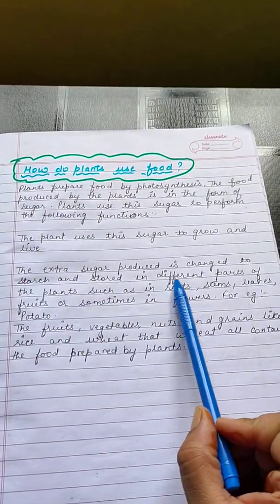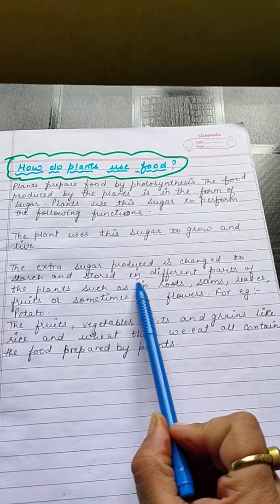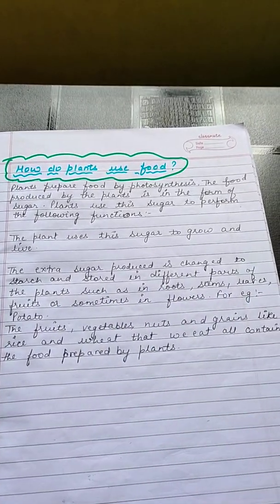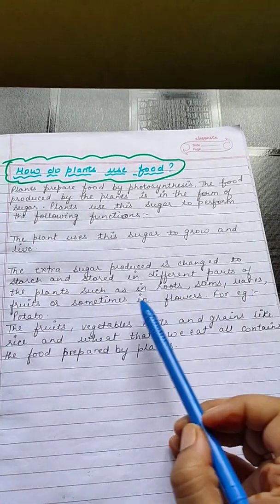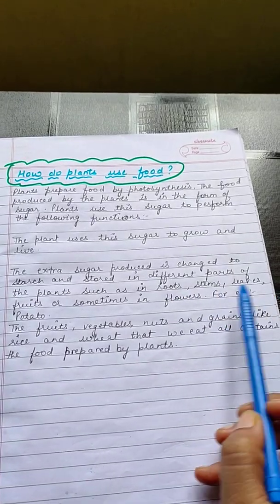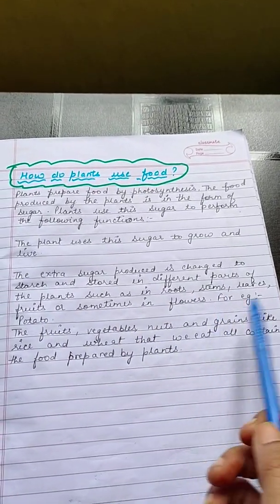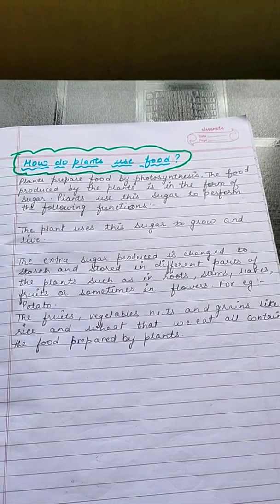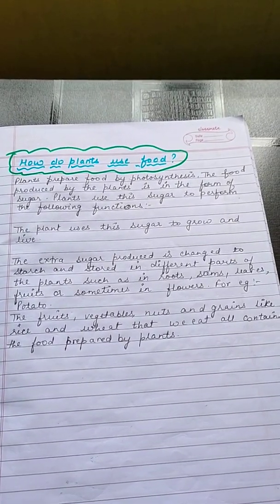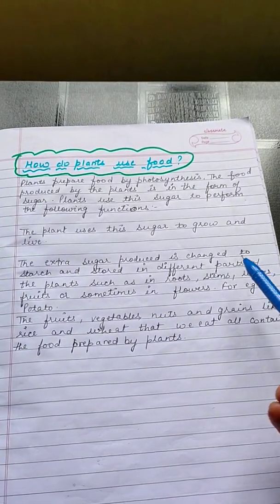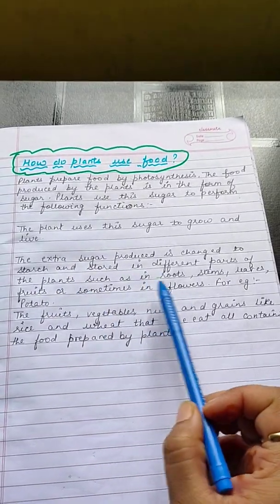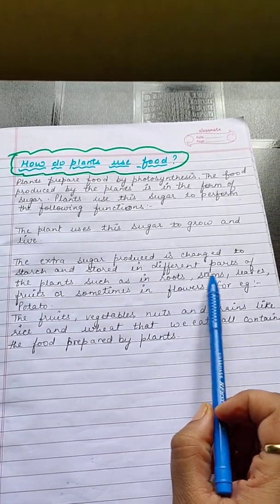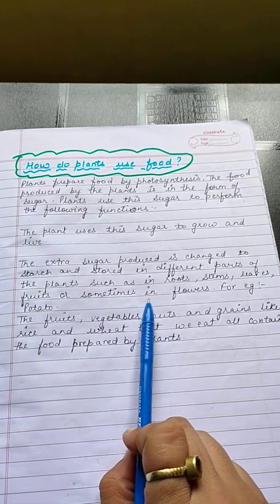The extra sugar produced is changed to starch and stored in different parts of the plant, such as in roots, stems, leaves, fruits, or sometimes in flowers.